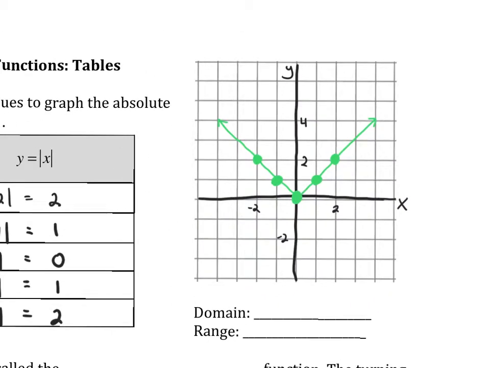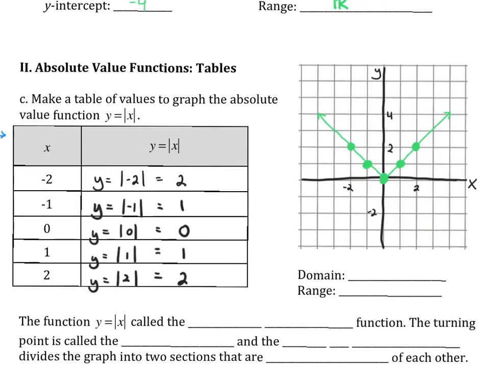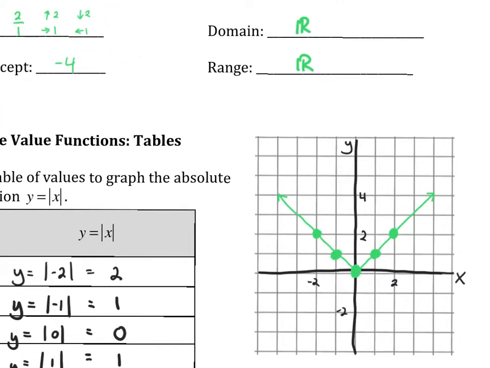This is called my absolute value function. Notice that the absolute value function is V-shaped, as opposed to linear, which is always just a line that never bends. So this is a V-shaped function.